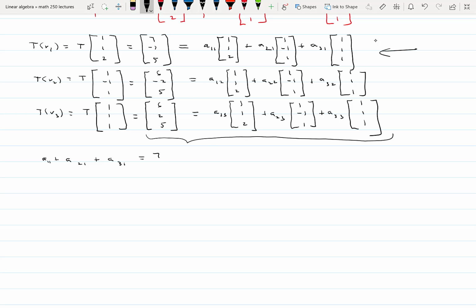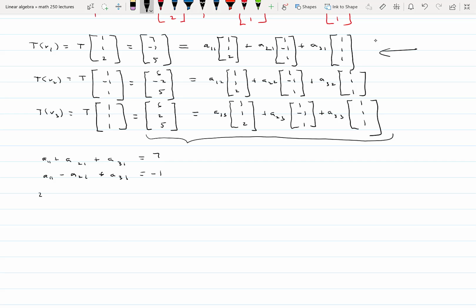At some point, I'll stop the video and write out the other 2 systems, so you don't have to watch this for each system. Still focusing on the first vector equation, we have A11 minus A21 plus A31 equals negative 1.